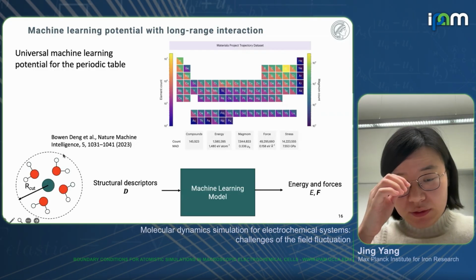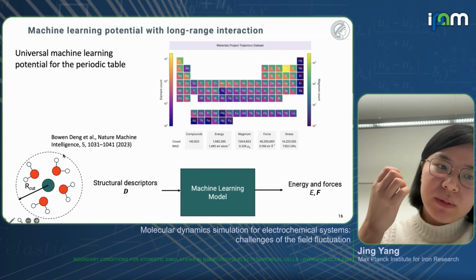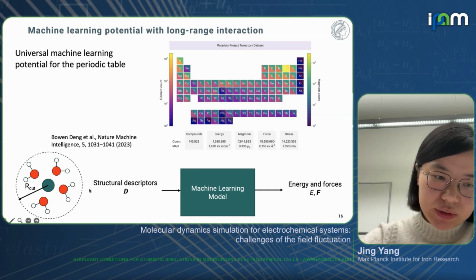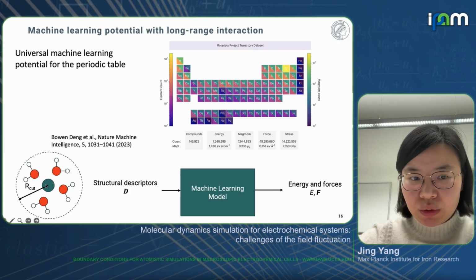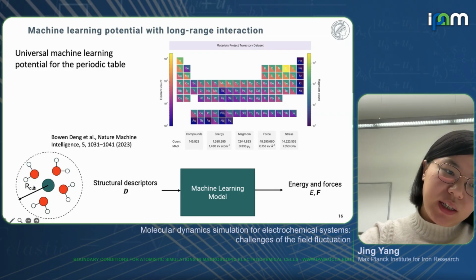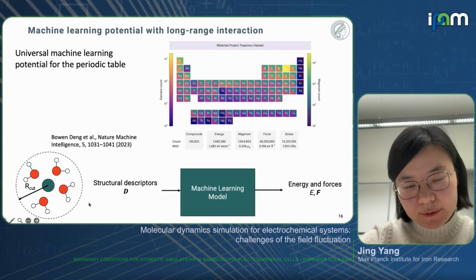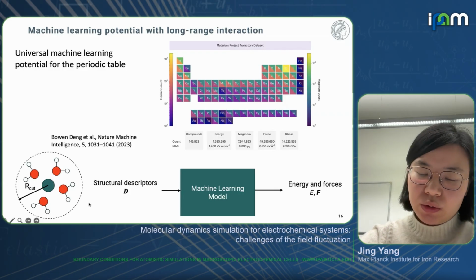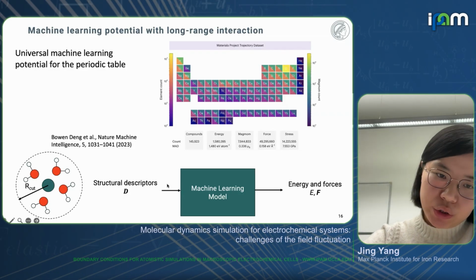But as the basis of these machine learning potentials, most of them have structural descriptors, which basically describe the atomistic environment of a given atom within a certain cutoff radius. So by design, these structural descriptors are short range.